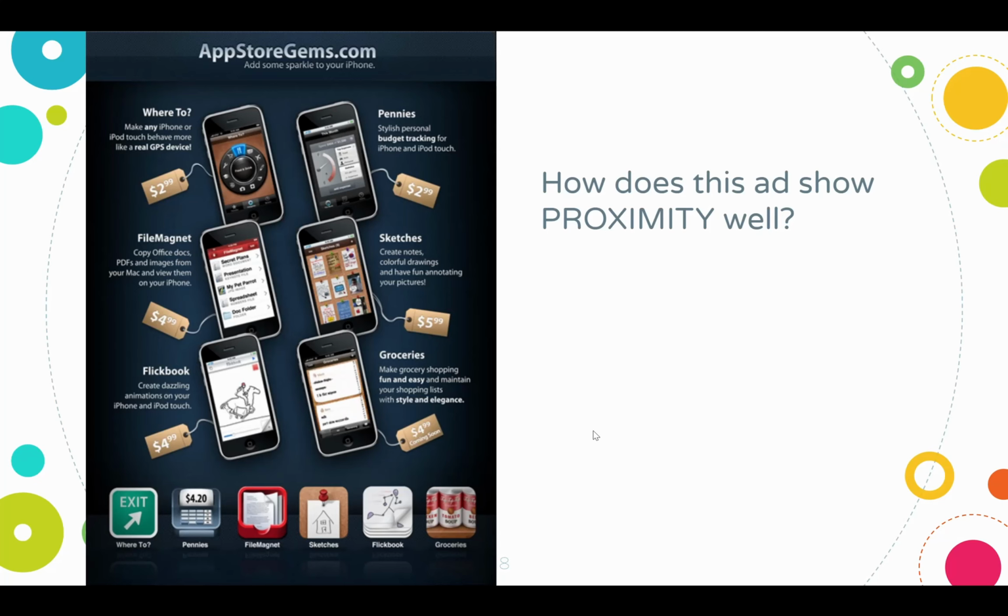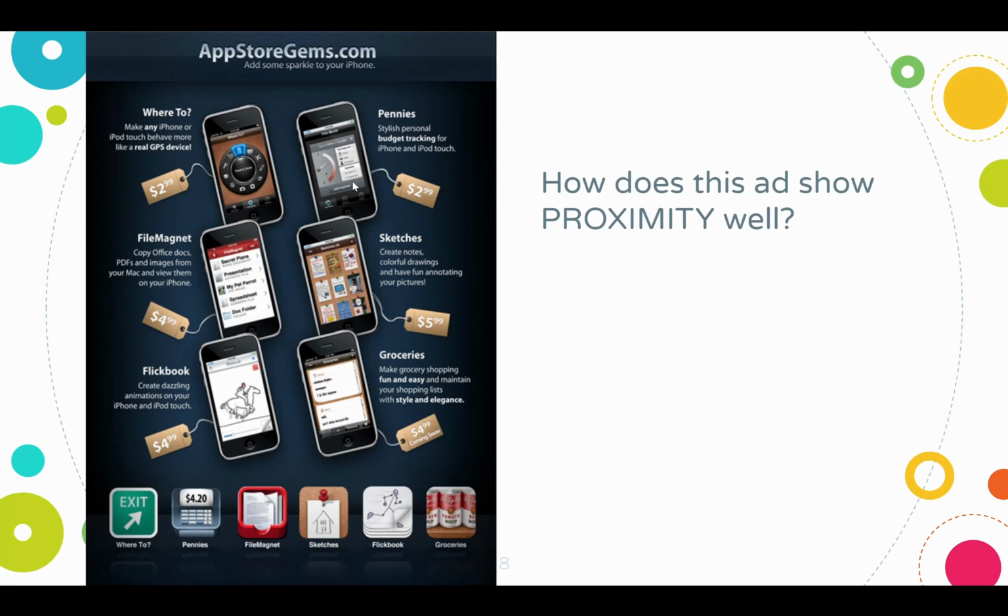So now, knowing what we know about proximity, how does this ad show proximity? It's doing it really well. The proximity is happening in 2 different ways.